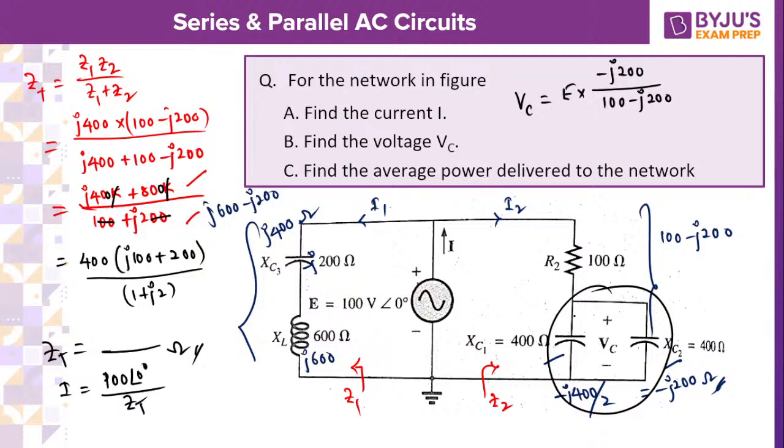The voltage across the capacitors, XC1 and XC2 both being the same, so I am replacing with J200. You cannot write J400 divided by 100 minus J400, because it is the equivalent reactance; you have to replace it. Once you get current and voltage, the power delivered is the voltage 100 into that current into cos of the angle between voltage and current.